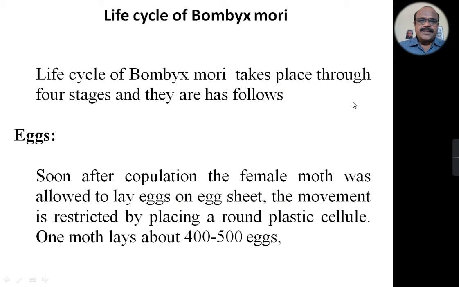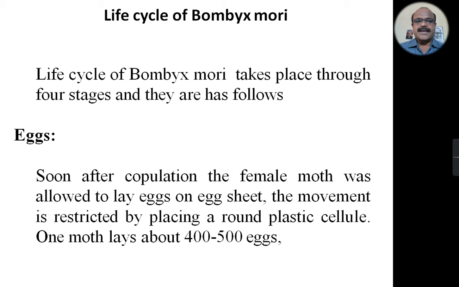As I told earlier, the life cycle of Bombyx mori takes place through 4 stages of development, and they are as follows. Eggs. Soon after the copulation, the female moth is allowed to lay the eggs on an egg sheet, and the female moth's movement is restricted by placing it in a round plastic cellulose.